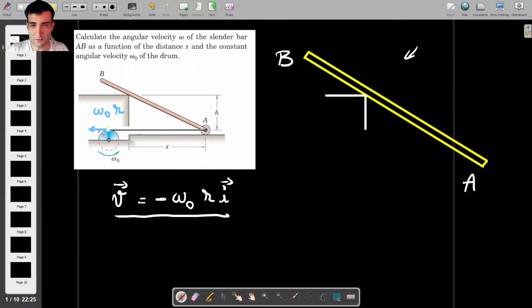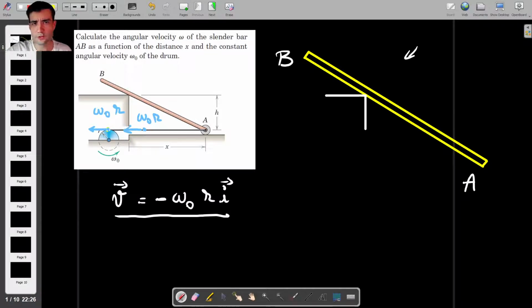What I mean by that is each point on the string has the same velocity, omega 0 r, pointing towards the left. Because if, let's say, this point is omega 0 r one way and this point is something different, then that would mean the string would stretch, but that's not actually what's happening.